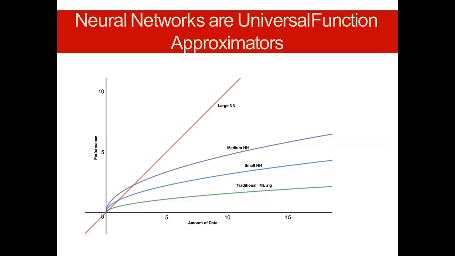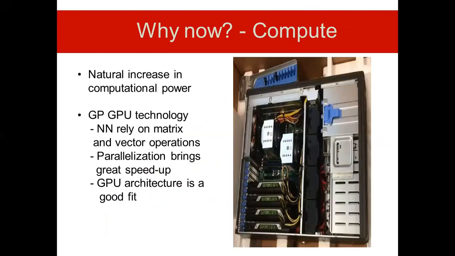Another reason why we want to do deep learning right now is compute, especially GPU technologies. Neural network and deep learning models rely on matrix and vector operations, so the GPU architecture is a very good fit.